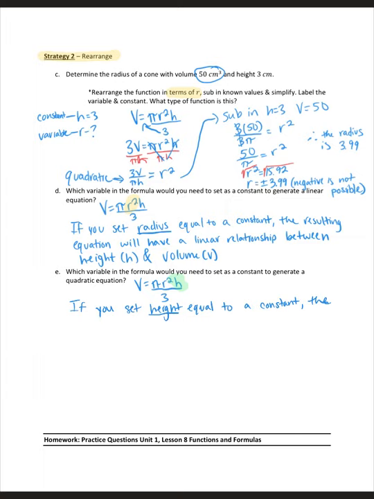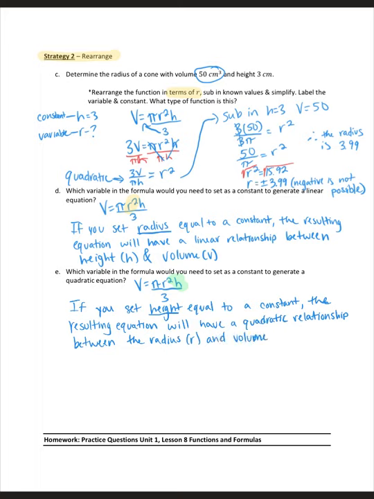the resulting equation will have a quadratic relationship. We'll have a quadratic between the radius, which was r, and volume, v.